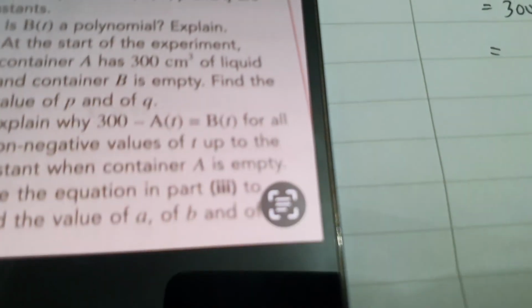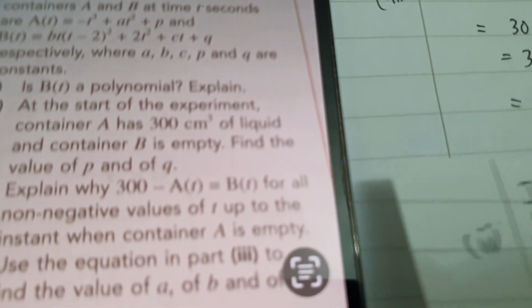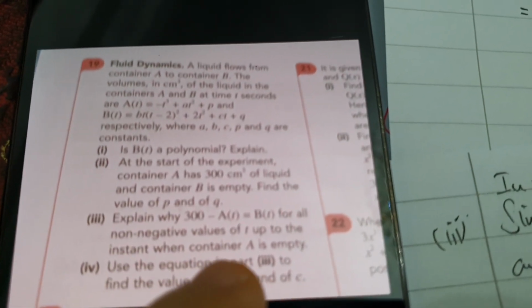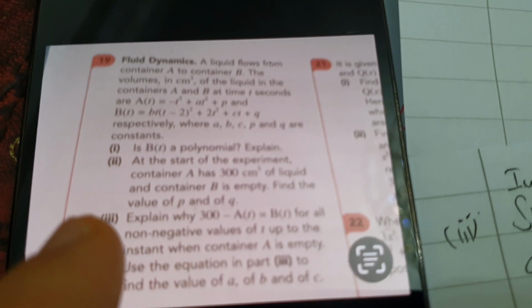And for part 3, explain why 300 minus A(t) equals B(t) for all non-negative values of t up to the instant when the container A is empty.